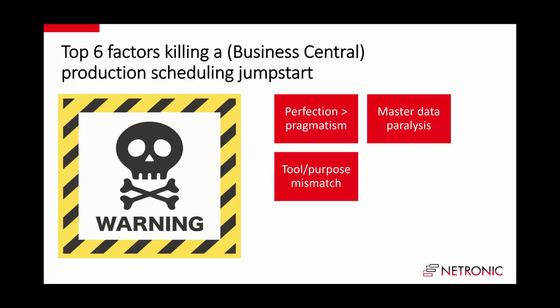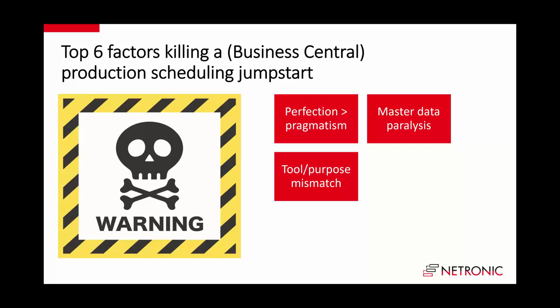The third trap is if you face a situation where you have a mismatch of the purpose and the tool. When it comes to planning and scheduling, there are different purposes, and different purposes justify different types of tools.